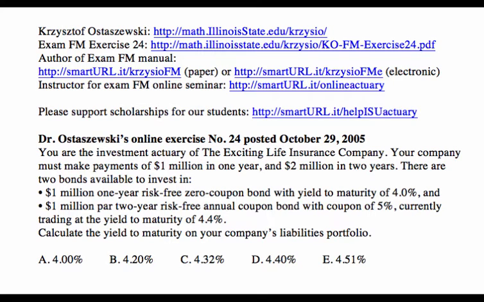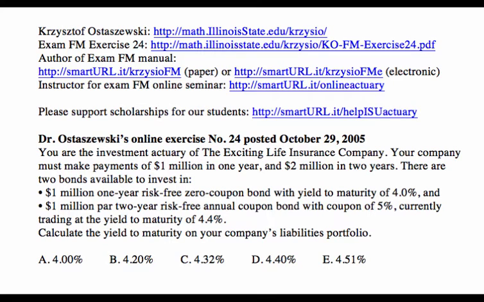That asset is not traded in the market, but we are saying that if it were traded in the market, it would have a yield to maturity, and we are supposed to figure it out. And the main message of this problem is there are assets in the market that can be used to replicate, to copy exactly the liabilities portfolio of this insurance company.